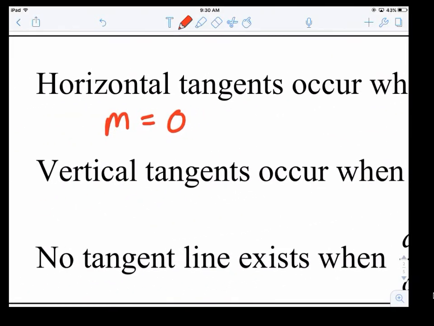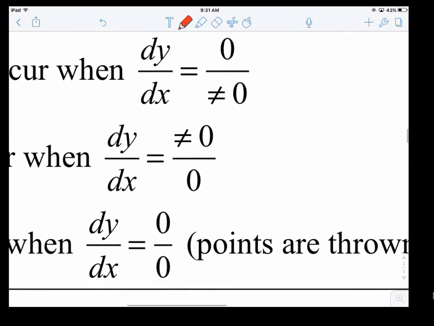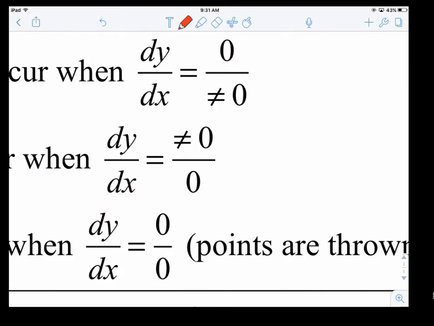Okay, vertical tangent lines is when your slope is DNE, or you get some number over 0. Okay, so a lot of times all you're going to have to do is set the denominator equal to 0 and make sure that you don't get 0 on the top. Because if you got 0 on the top, that would mean a horizontal tangent.